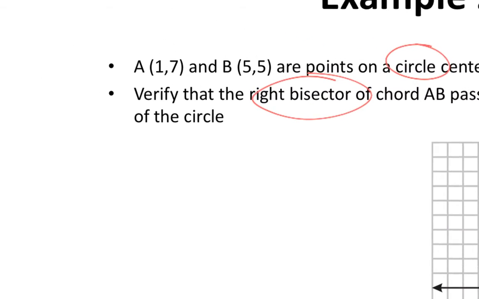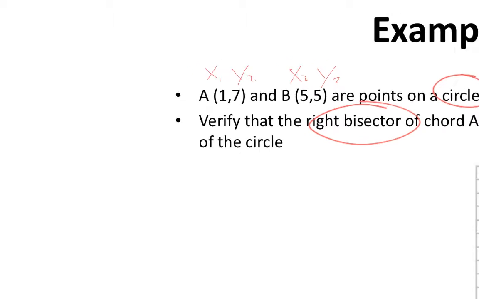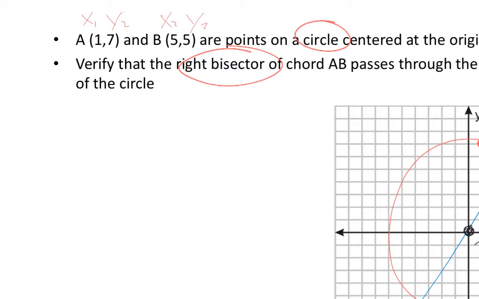Now, just like before, I'm going to go ahead and label these points so that's a little bit easier for myself. I'm going to label this, let's say, x1, y1, x2, y2.